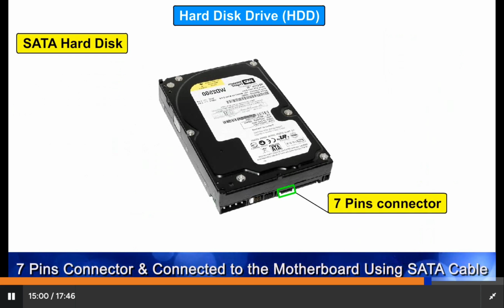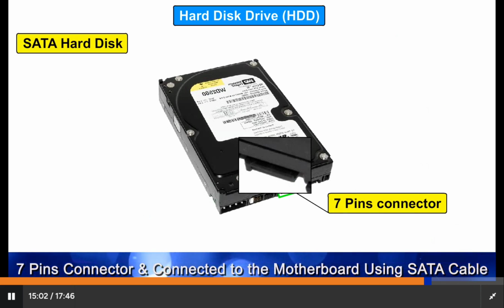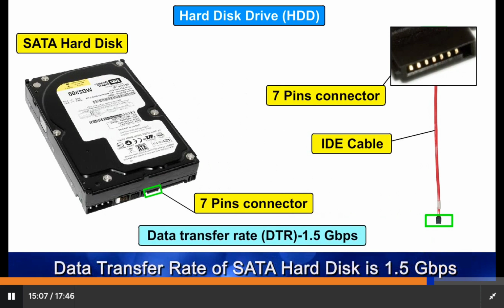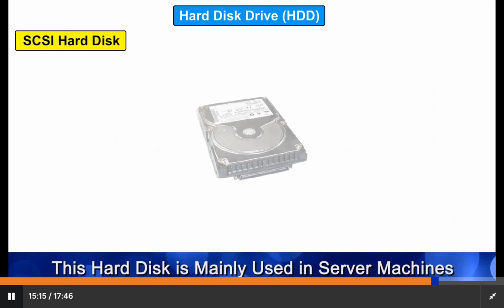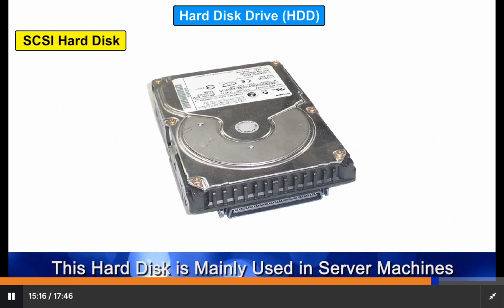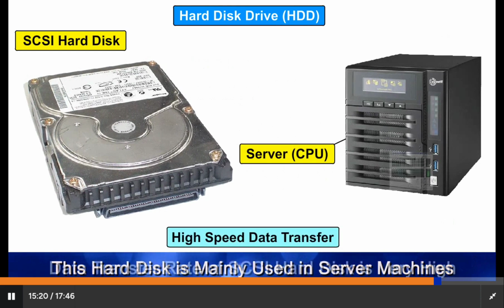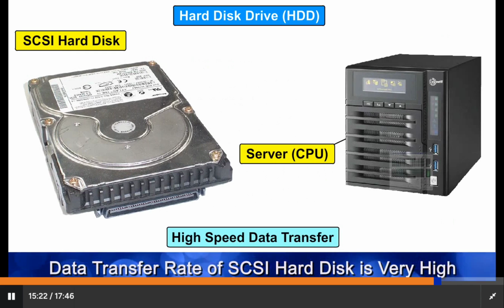It has a 7 pins connector and is connected to the motherboard using SATA cable. Data transfer rate of SATA hard disk is 1.5 GB per second. SCSI hard disk. This hard disk is mainly used in server machines. Data transfer rate of SCSI hard disk is very high.